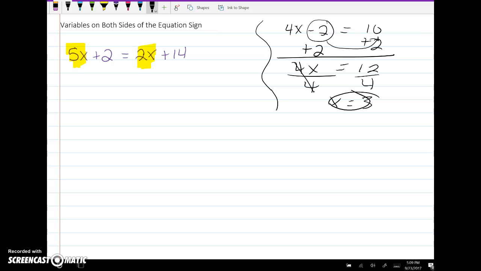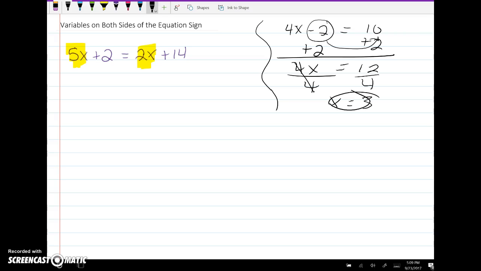We're going to do the opposite of one of the variables to bring it over to the other side. Now, it doesn't matter which one you move. I have a preference of trying to keep my variables positive, but again, it doesn't matter as long as you watch your signs.